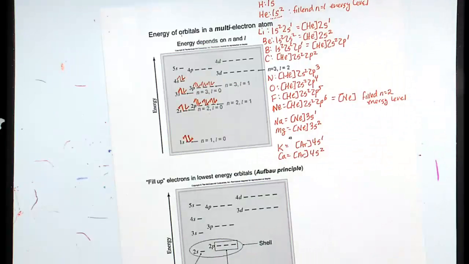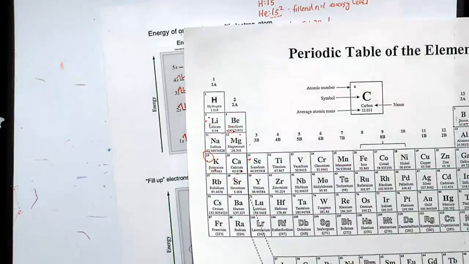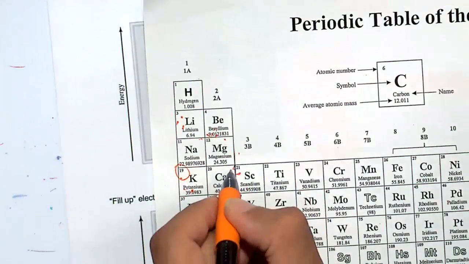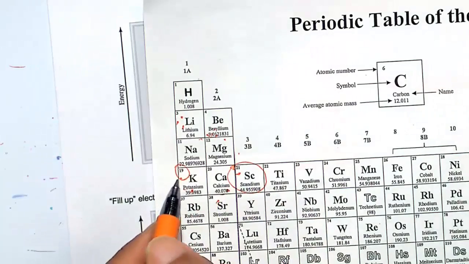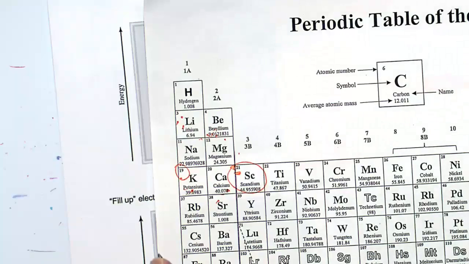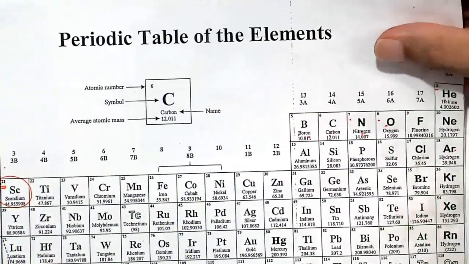All right, now let's talk about scandium. 21 electrons. What's the electron configuration of scandium? We got the 18 from argon, 4s2.